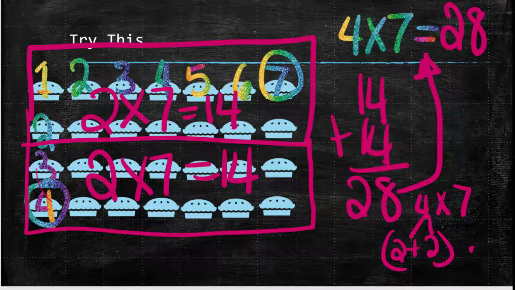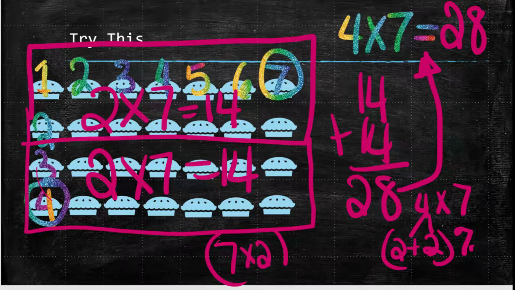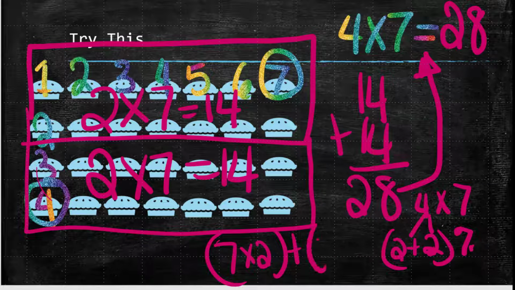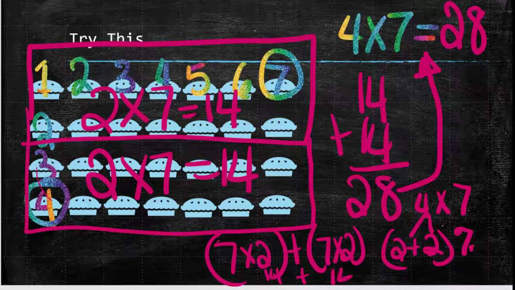So I was working with 2 plus 2 times 7. So that's 7 times 2 plus 7 times 2. The answer you get for each is 14 plus 14. That answer is 28. Hope that makes sense, my friends.